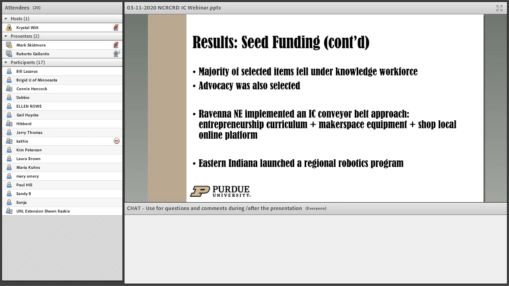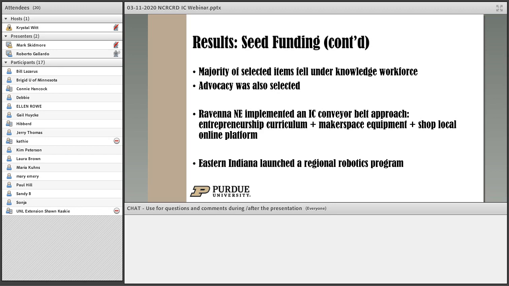All the communities really selected items under knowledge workforce, which was not surprising in a way. We all know from a public policy perspective, if you can frame anything around workforce development, it gets the policymakers' attention. So, not surprisingly, these communities zeroed in on the recommendations under the knowledge workforce indicator of the Intelligent Community Framework.